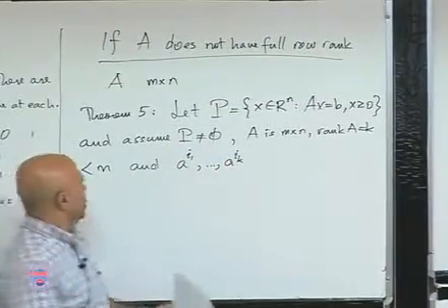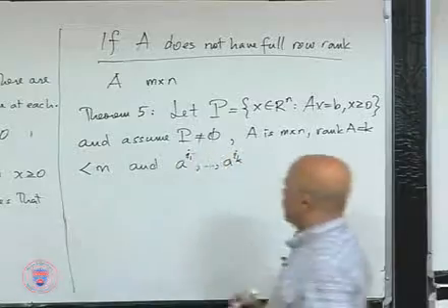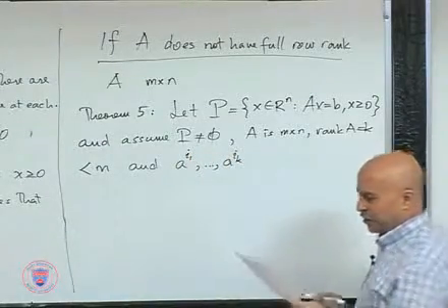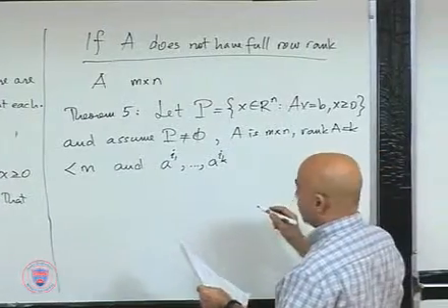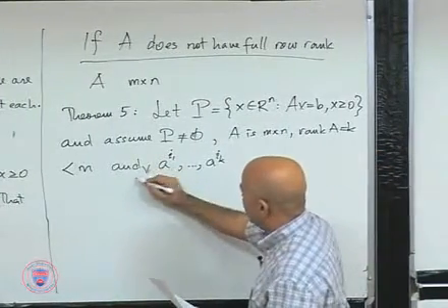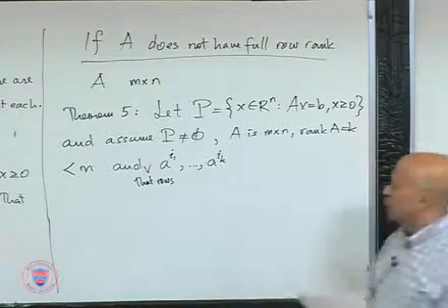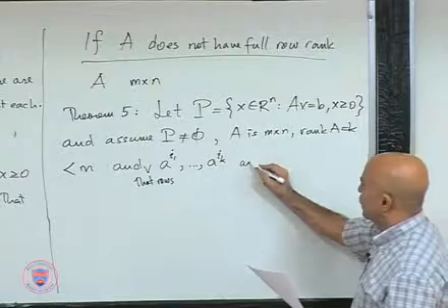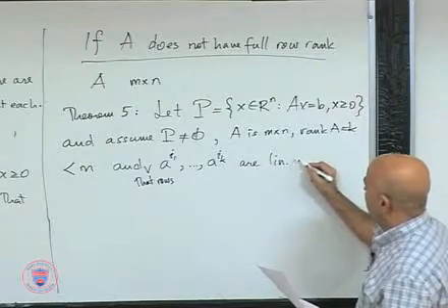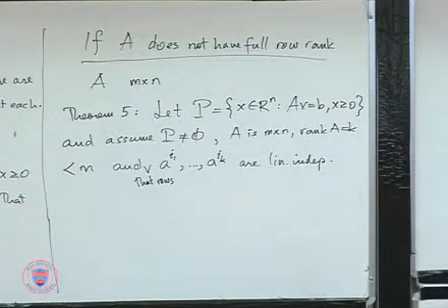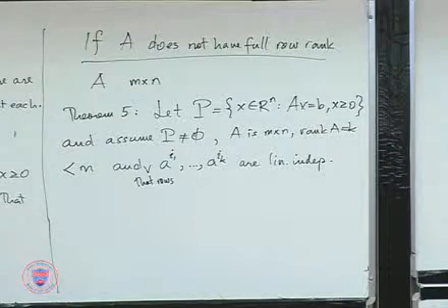You have k such rows, and the rows a_i1 through a_ik are linearly independent. Of course, the existence of such rows is guaranteed because the rank is k.